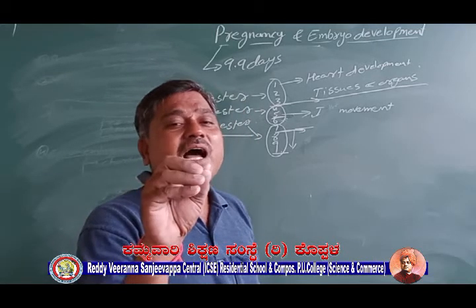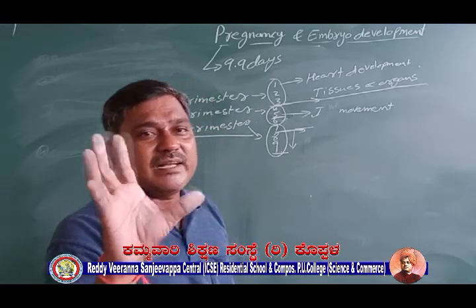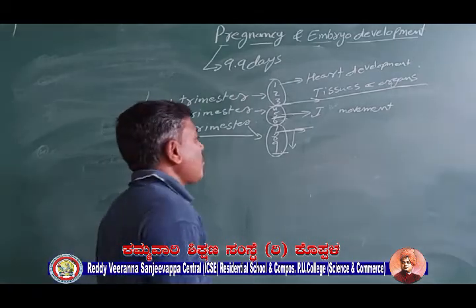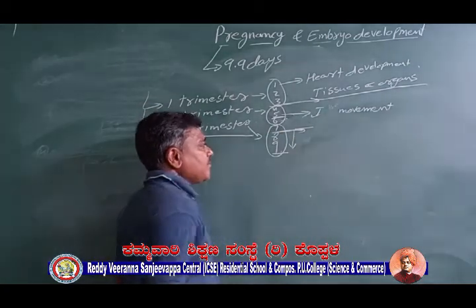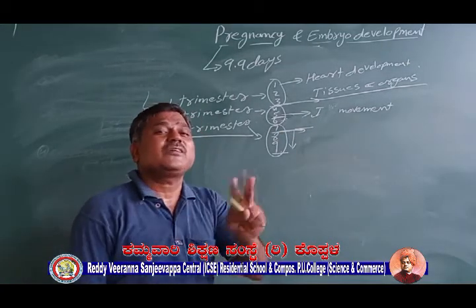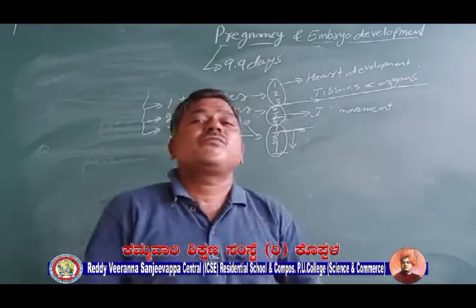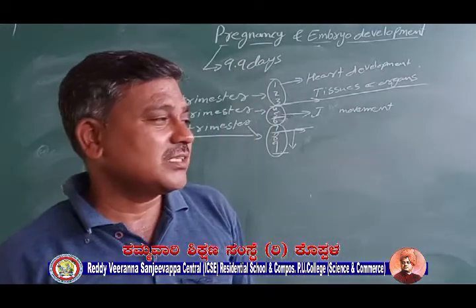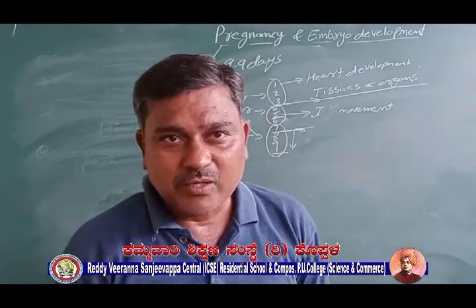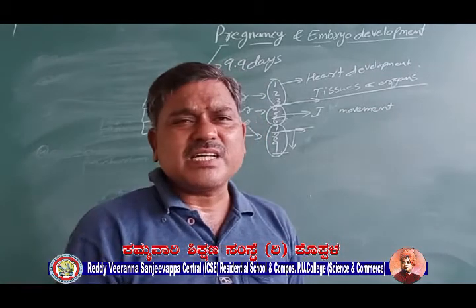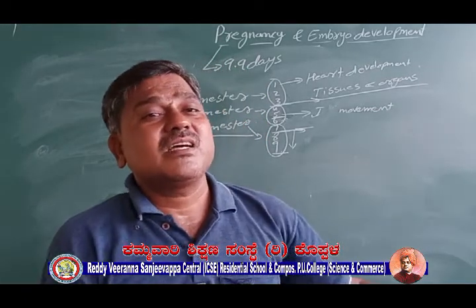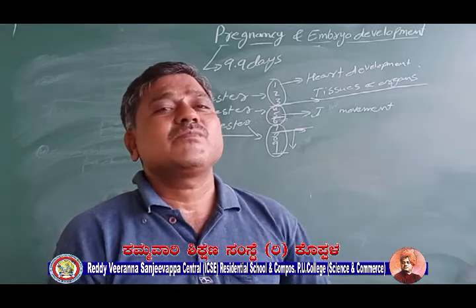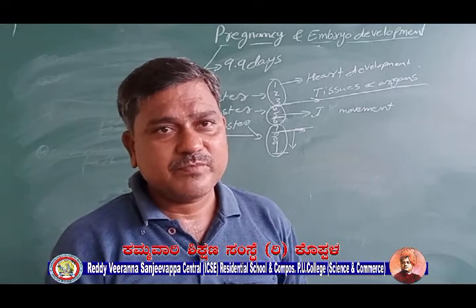Eyelashes are formed. Eyelids open. This is completed up to 7 months. And again for 2 months, the fetus goes for growth and development. Okay, there are a number of changes, but whatever changes they have given in your textbook, that much is sufficient. Clear?